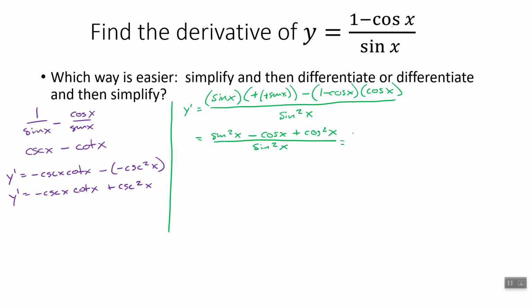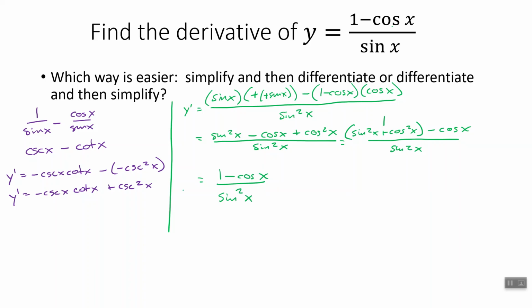We can group those together. And then we still have the minus cosine all over the sine squared. And the whole point of grouping those together is sine squared plus cosine squared is 1. So we get (1 minus cosine of x) over sine squared x. Kind of looks like 2x here, but that's squared. All right, and there's our answer.